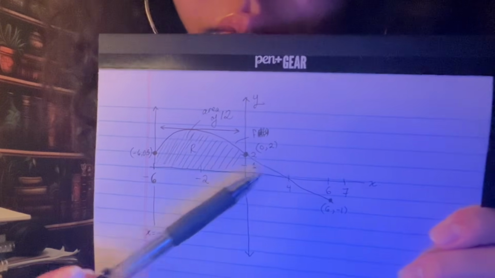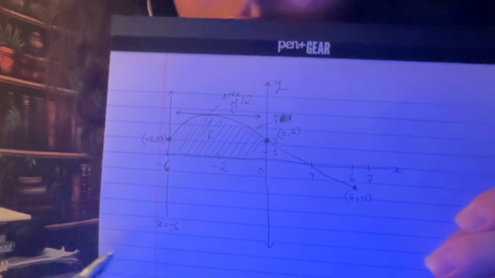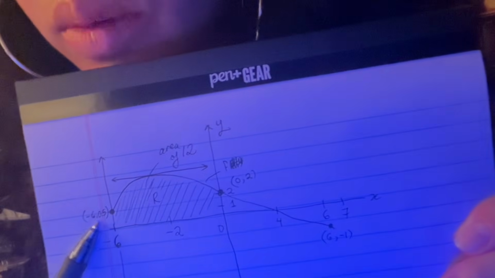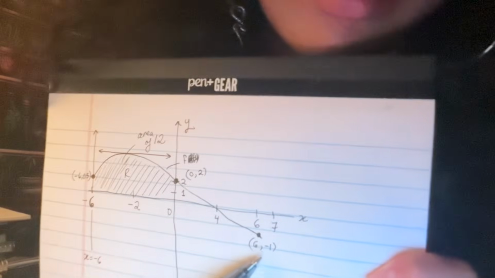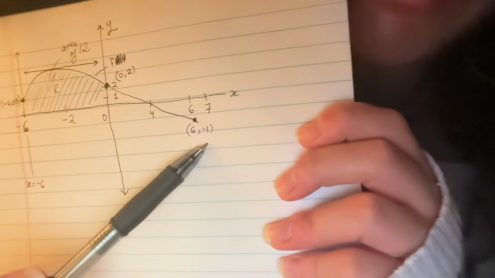And we've got points at (0, 2), (-6, 0.5), and (6, -1).